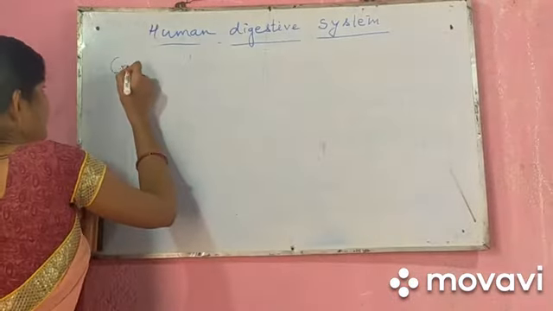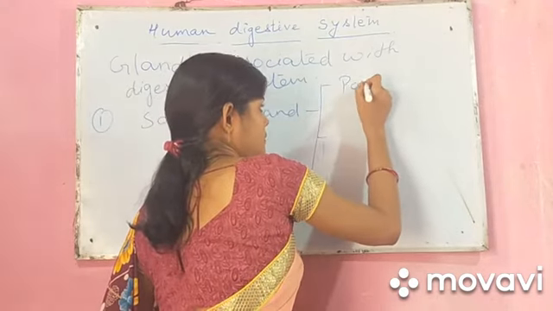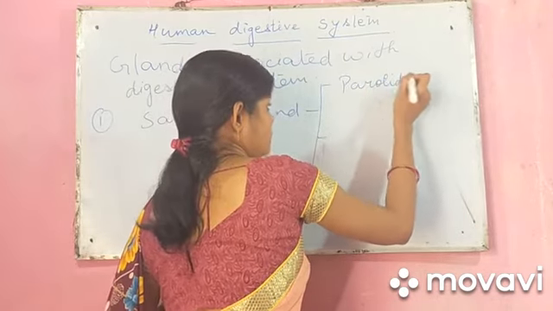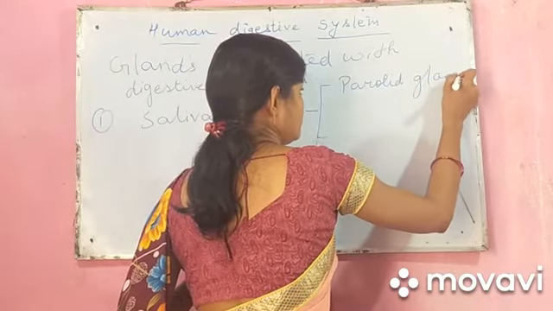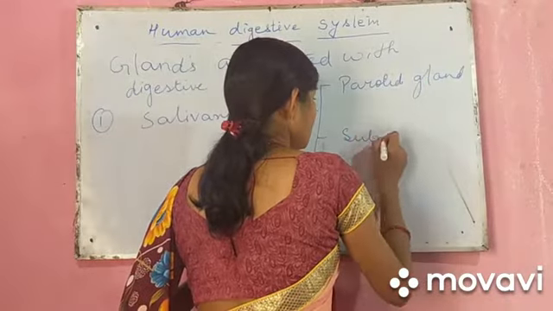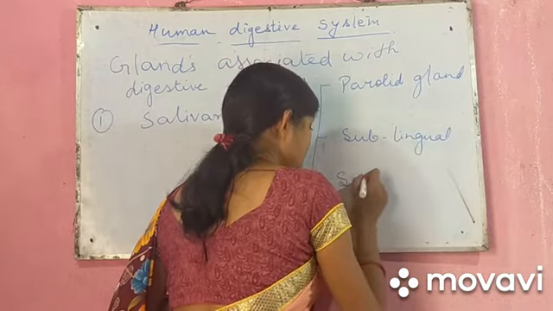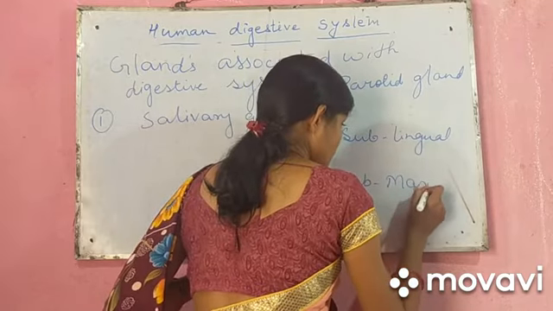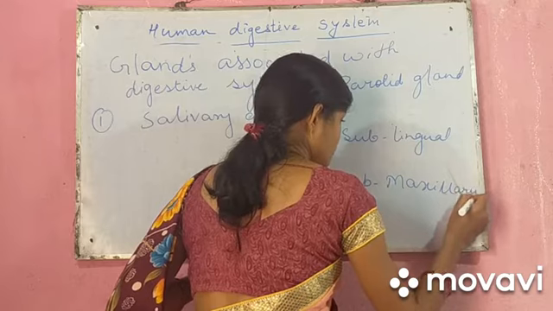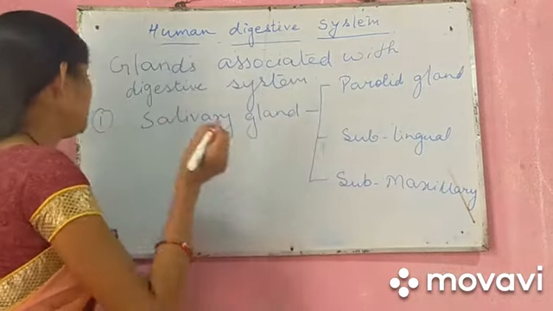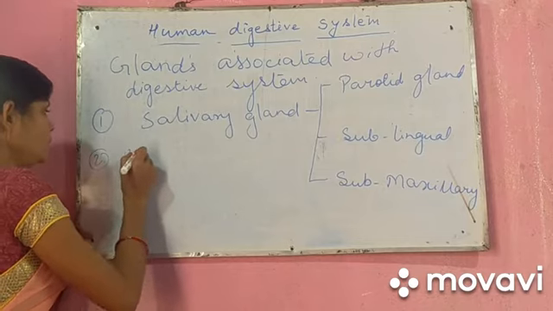Number one was the salivary gland. It is of 3 types: parotid gland, sublingual, and submaxillary or submandibular.